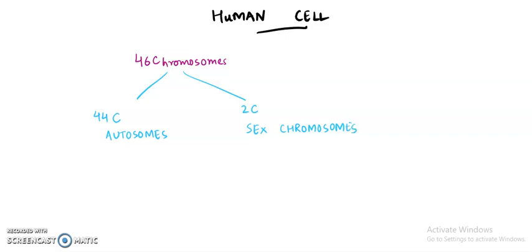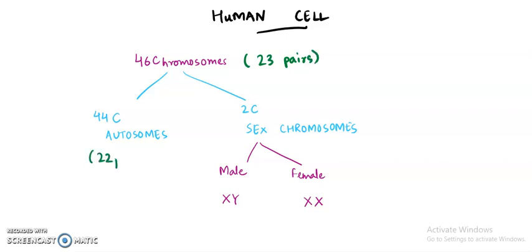Now based upon sex, a human being can be male or female. The sex chromosomes in males are XY, whereas in females both sex chromosomes are similar in look. Here, if you write chromosomes in 23 pairs, that will not be marked as an error. We can also write 22 pairs of autosomes or 44 chromosomes.